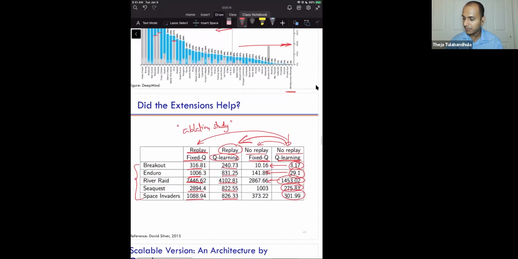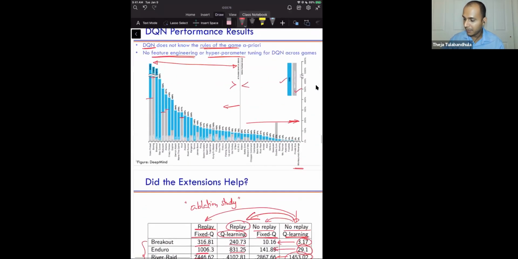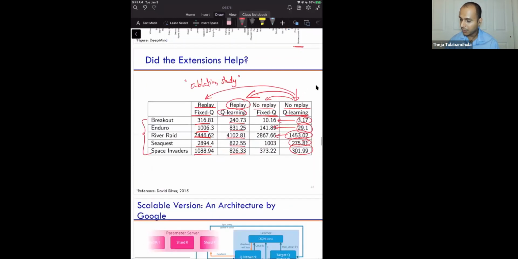Each bar here, and they might have trained multiple times for each game, but each game took about that long to learn a good Q network. The weights eventually reach a good Q network, and therefore the policy using that Q network should be good. So each game took about 14 days.